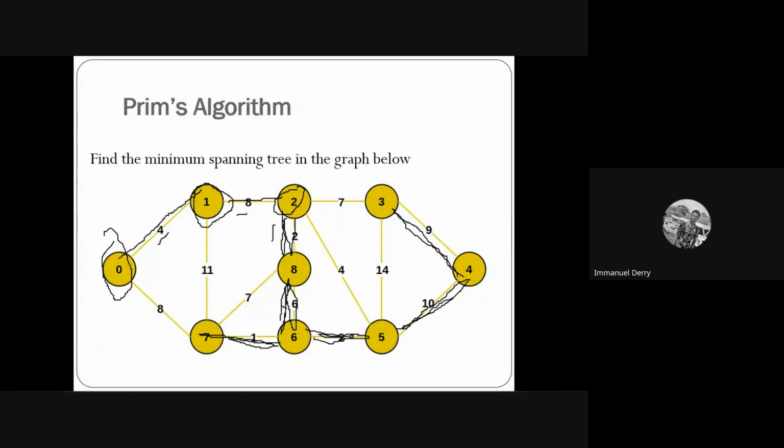And then we have 6 here. 14 plus 6 is 20, right? We have 1 here, which is 21. We have 2 here, which is 23. We have 10 here, which is 33. And then we have 9, which is 42. Okay, so we are having 42 here.